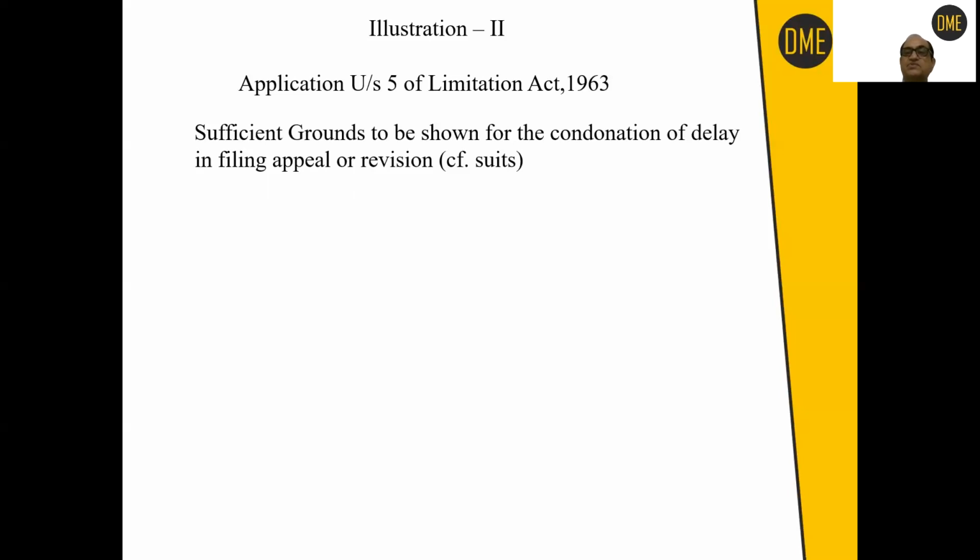Please compare with suits. New suits, fresh suits, you cannot claim condonation of delay because you had sufficient time from the date of cause of action till filing of the suit. But in cases of appeals and applications, generally the period of limitation is either 15 days or 30 days. And for the High Court, it is maximum 90 days. And if you are filing further appeal before Supreme Court, again it is 30 days.